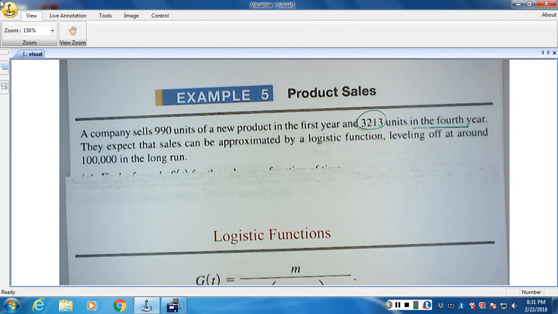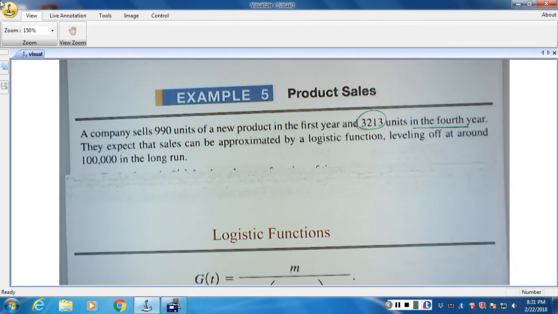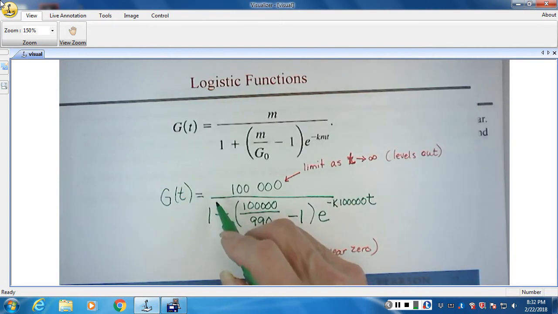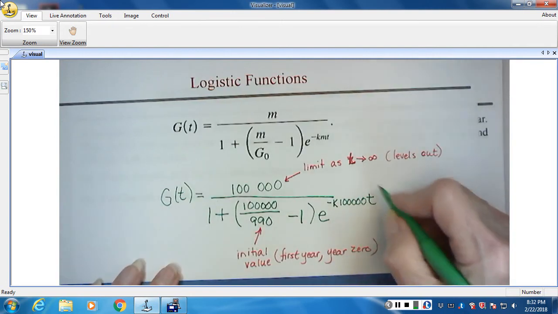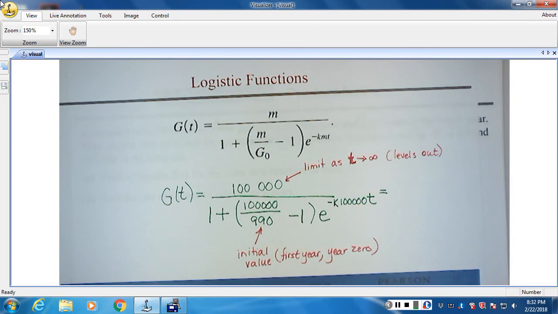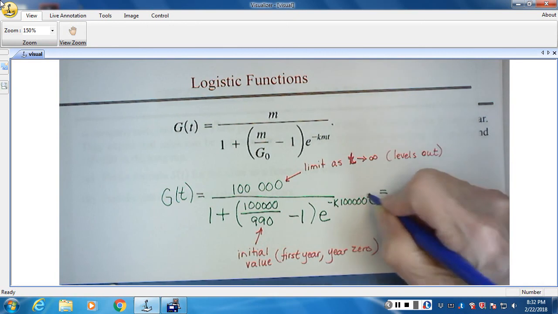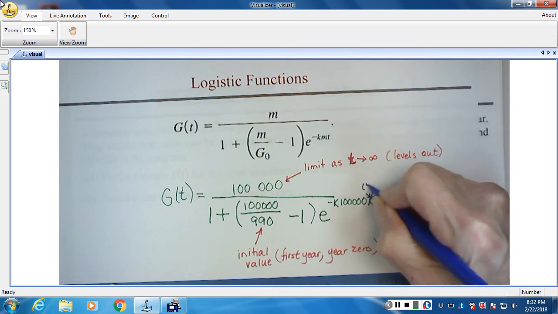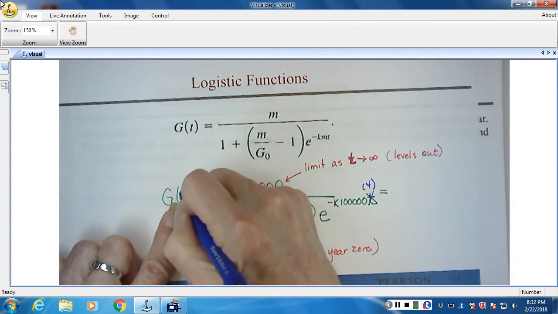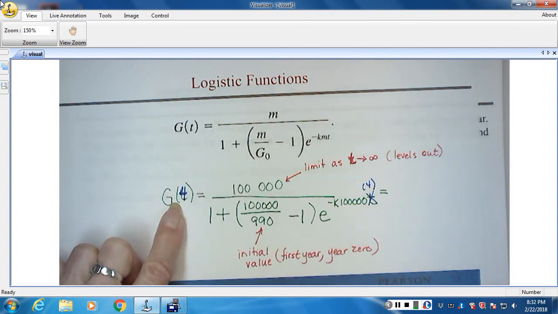So what we're going to do is take this and take into account that when T is equal to 4, the value G of 4 was 3213.